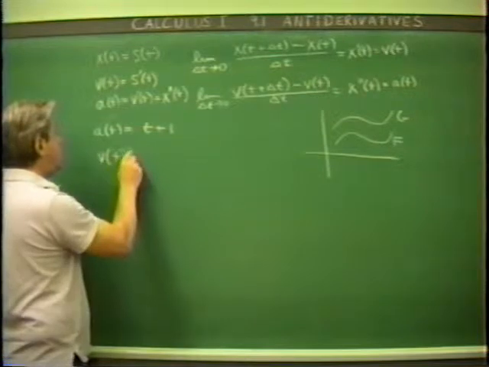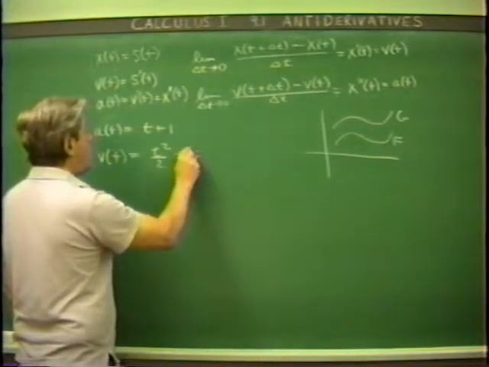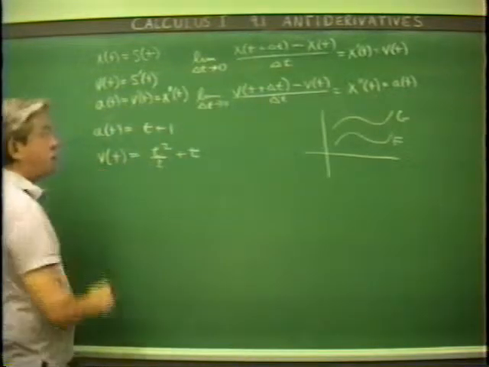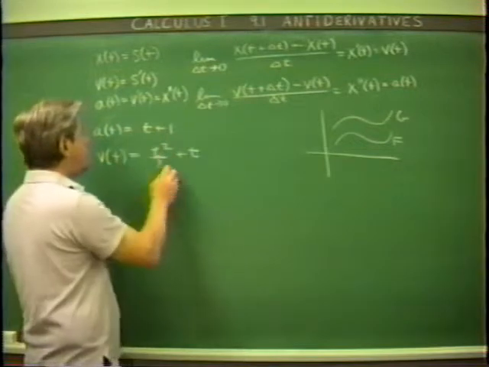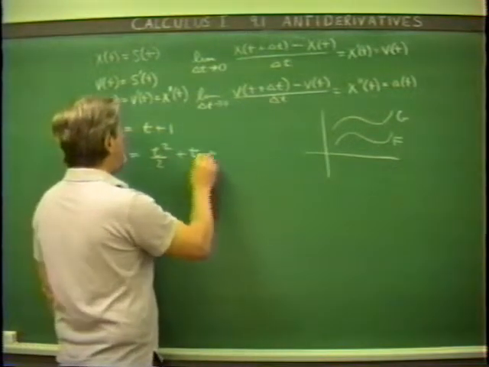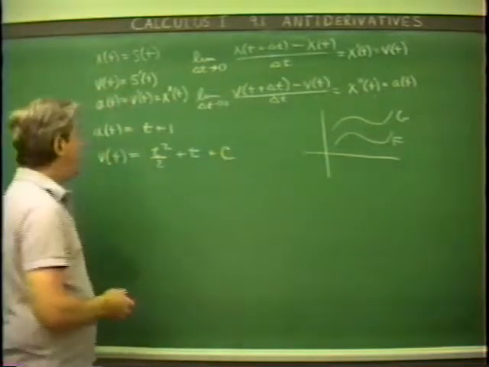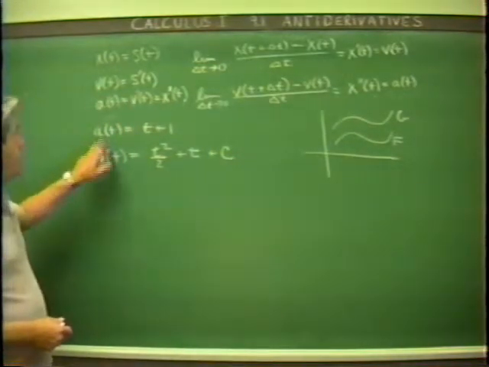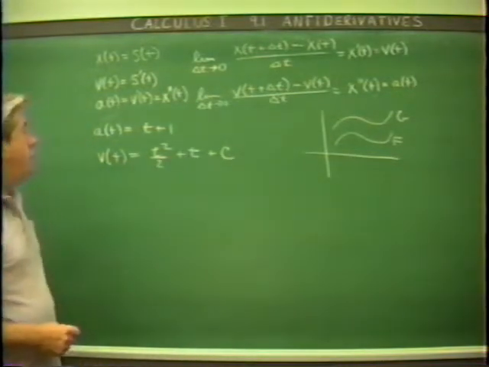Well, one such function is going to be t squared over 2 plus t, because the derivative of this is going to be t plus 1. And the general function that's going to have t plus 1 as its derivative is t squared over 2 plus t plus any constant. So, knowing the acceleration at any time t would give us the velocity with a constant.